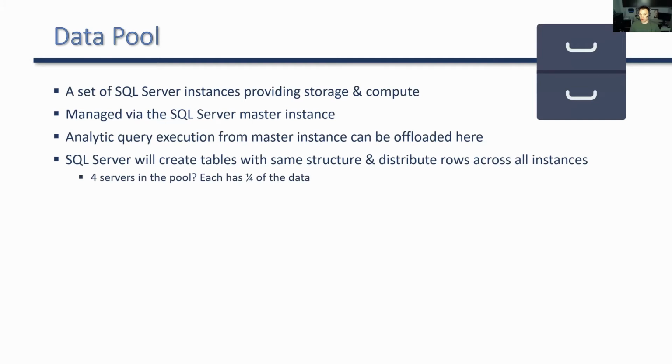So, if you have 4 servers in your pool and 40 million rows, each server is going to get about 10 million rows. And when you query your data pool, those queries then spread across these servers and you get your data back more quickly with better performance. This is a great way to stage the results of commonly run analytical queries or things that are slower, and then you can run this against your data pool and it should perform quite well.